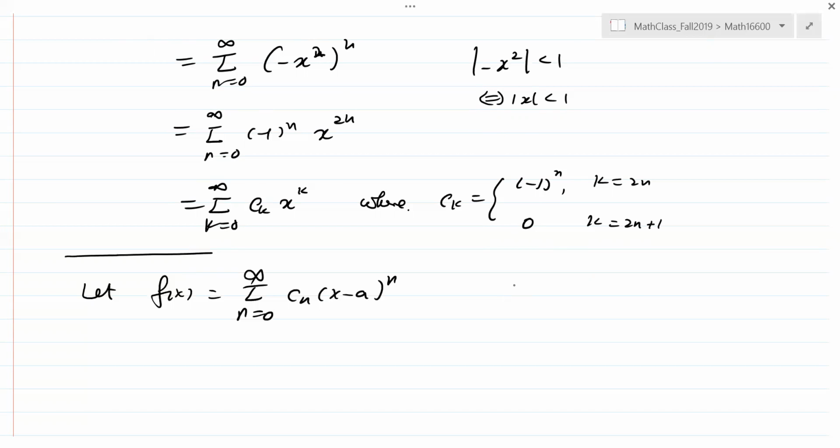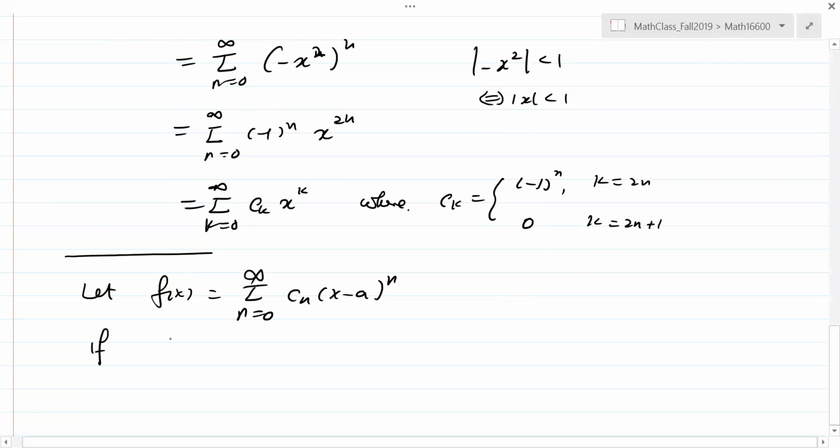We know that if c_(n+1) over c_n has a limit, okay, then you can show that, but this is not necessarily always, okay?